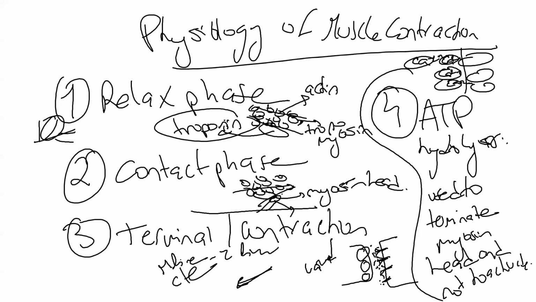And another one is: myosin head detaches from binding site on actin. We said that the myosin head binds not to the actin, but to the troponin. That's why they are trying to trick you. So they said actin, but it must be the troponin, not the actin. Okay.